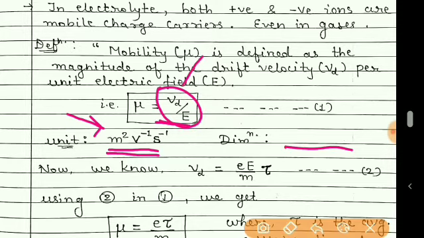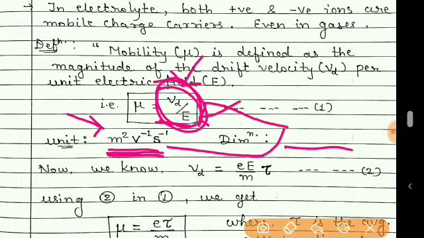You know the unit of velocity, you know the unit of electric field. So if you combine both these units of velocity and electric field, you will get this unit. And if the unit is known or the formula is known, then you can easily get the dimension also.